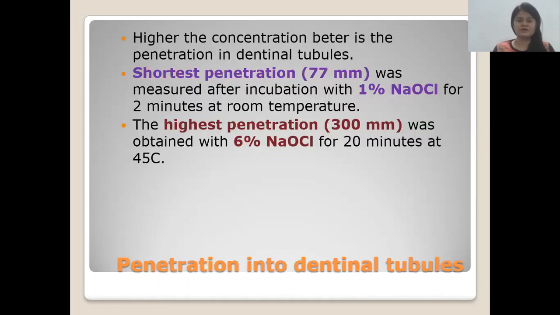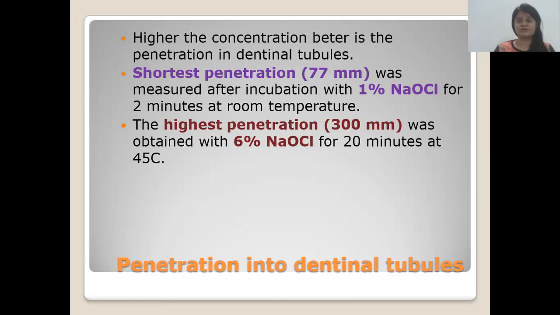Then how does the penetration of the dentinal tubules change with sodium hypochlorite? The higher the concentration, the better the penetration of the dentinal tubules. The shortest penetration is seen, around 77 micrometers, when 1% sodium hypochlorite was kept in the root canal for around 2 minutes at room temperature.